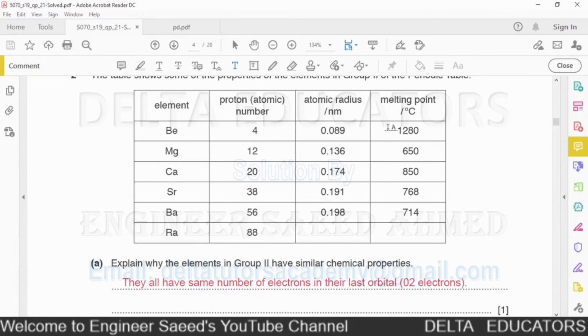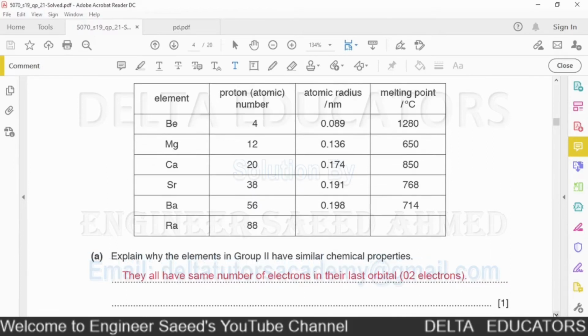Whereas in melting point, we see that melting point does not have a steady trend. Here melting point first decreases then increases. So here we cannot predict the melting point of radium. Atomic radius can be predicted but melting point cannot be predicted.